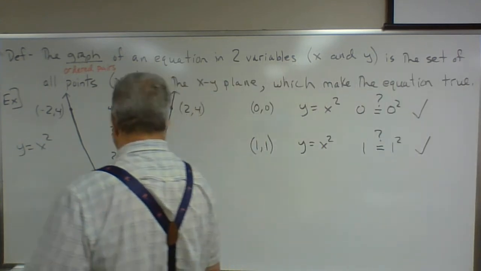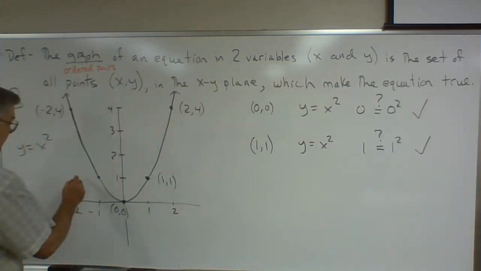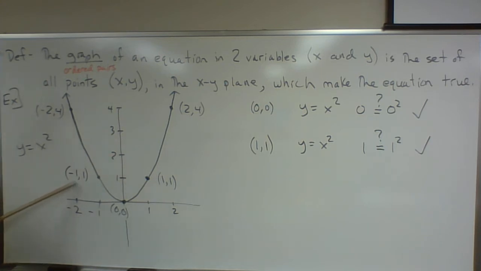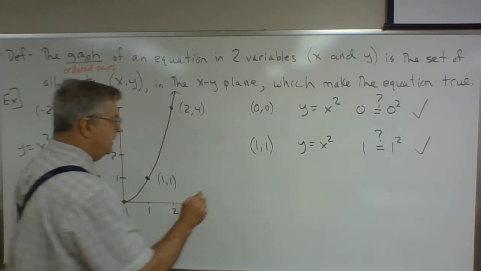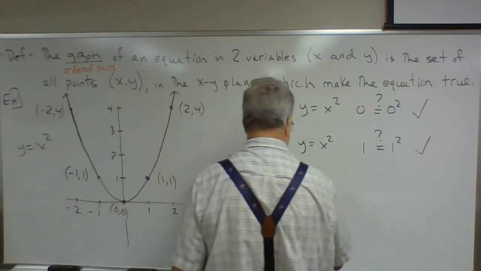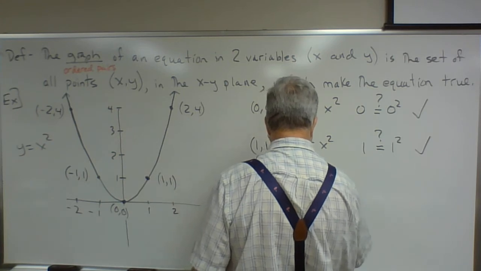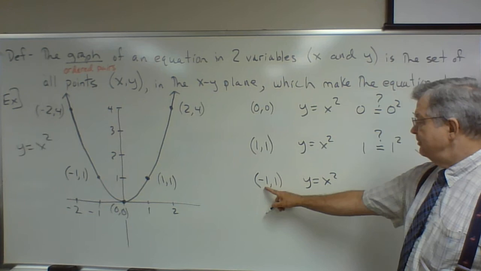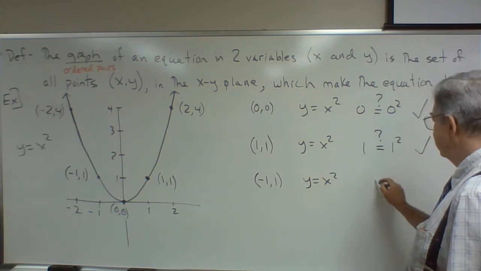Now let's take this point, x equal -1, y equal +1. Is this ordered pair a solution of the equation? Let's see. We take -1 and substitute that in for x.